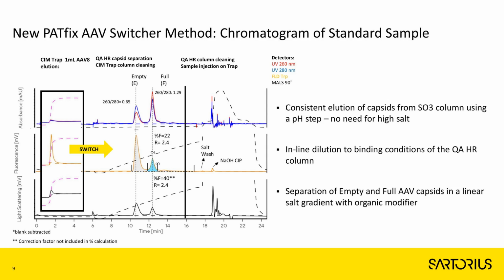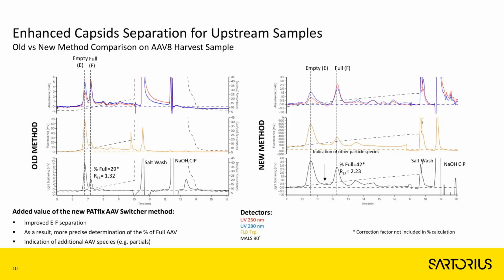What we've recently done is increase the resolution between the empty and full peaks, and we've been developing this method and system for quite a while now on a variety of samples to make sure that it's a robust approach. What we've been able to achieve is quite significant, even for such complex samples as harvests from upstream. We're able to achieve very good empty-full resolution with the newer method, shown here on the right, compared to the old method shown on the left.